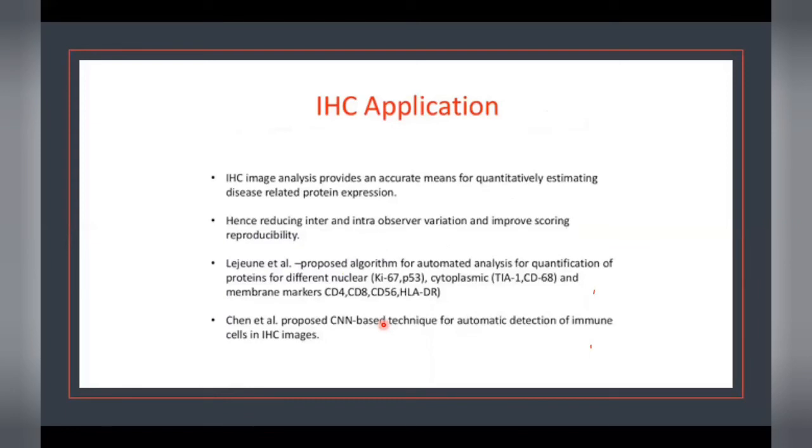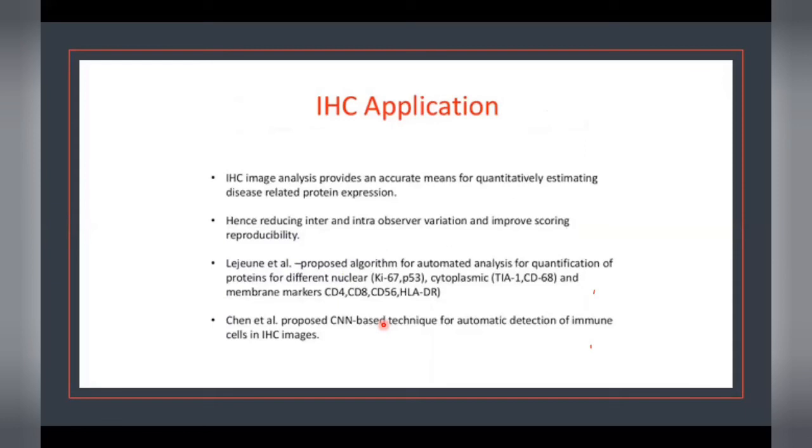Now, the best part machine learning has is for the IHC application. As you know, the purpose of digital pathology, artificial intelligence, machine learning and deep learning, for me, is to take out the subjectiveness in the diagnosis and make everything objective. As we know, IHC scoring can become a problem at times.